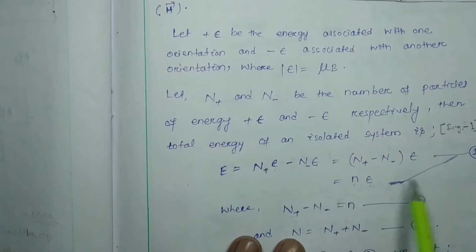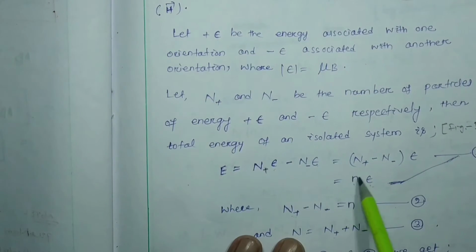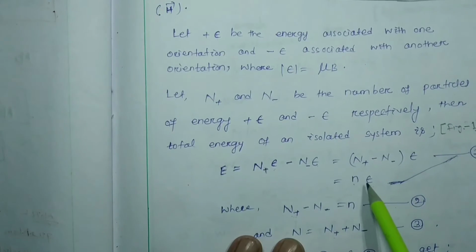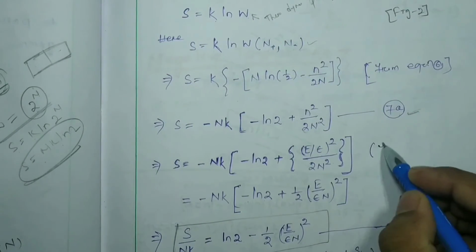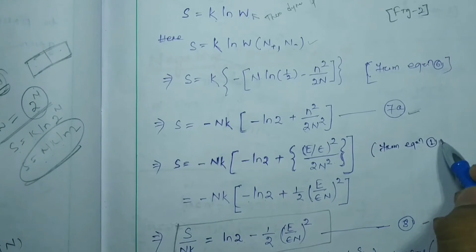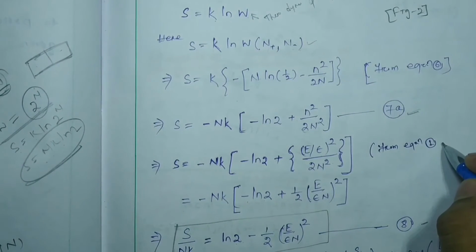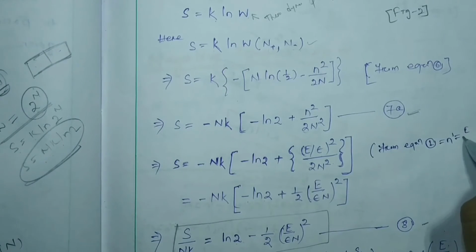Here, from equation number 1, capital E is equal to N epsilon. So N equals E by epsilon. So here you can write, from equation number 1, N equal to E by epsilon.